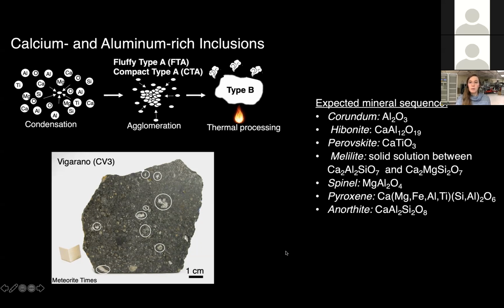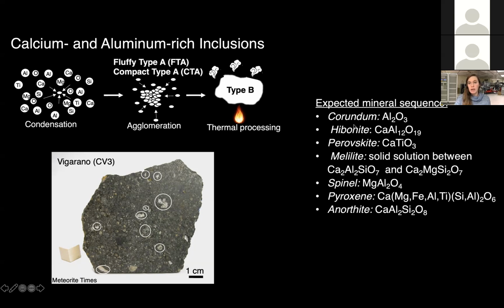And this is the expected mineral sequence of CAIs. This is just due to how minerals condense from a hot gas. So the first thing to condense is a mineral called corundum. It's just aluminum oxide.